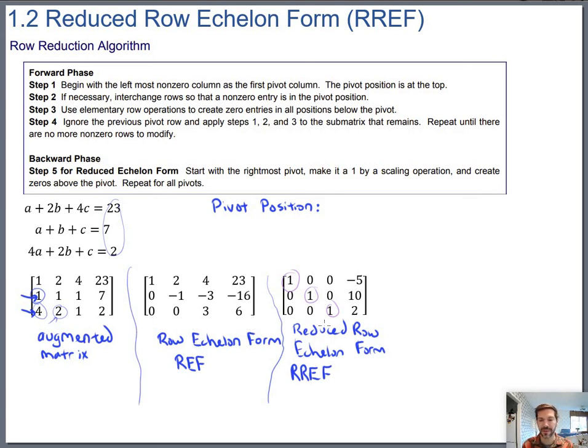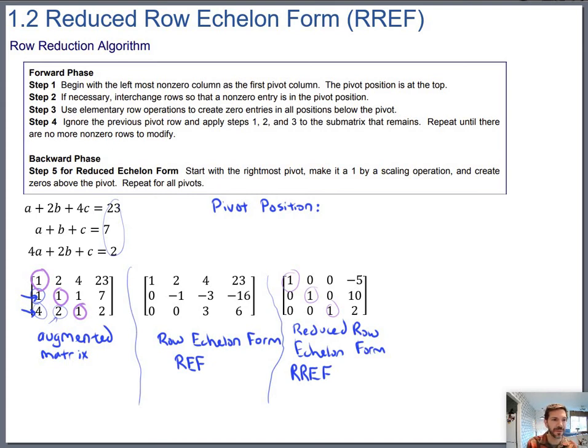And those pivot positions are the same no matter where you are within this process. So going all the way back to the original matrix, I could say this is a pivot position, this is a pivot position, and that's a pivot position.